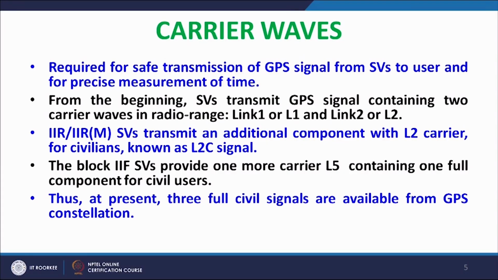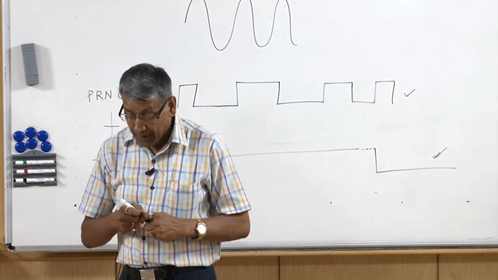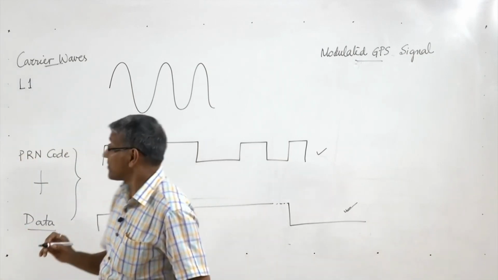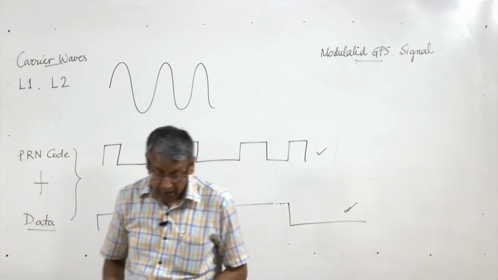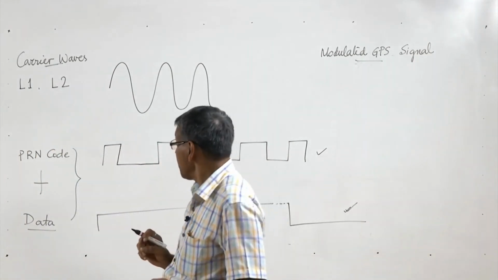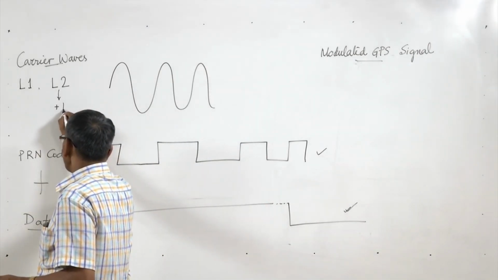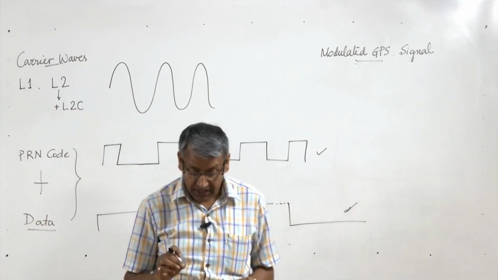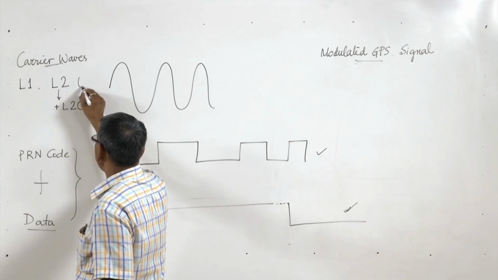Now there are different types of carrier waves available in a GPS signal. From the beginning GPS satellites are transmitting the L1 and L2 carrier waves, and later this L2 is also associated with one more civil signal, that is called the L2C signal, that is in quadrature phase and that is in phase.